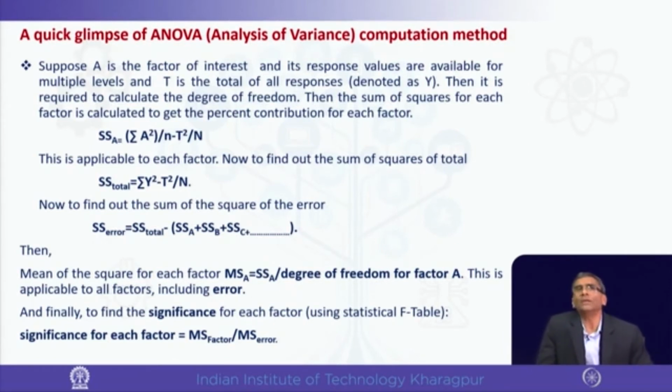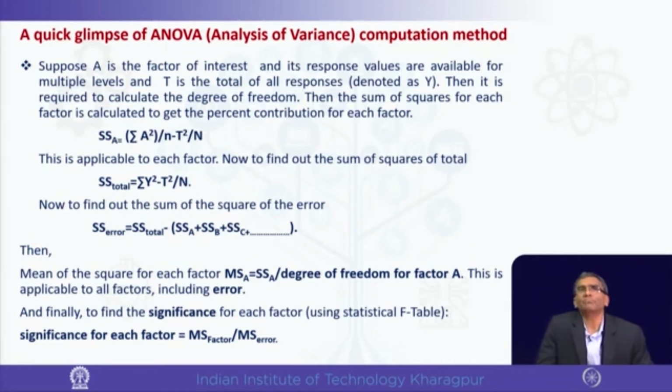So, here we need those concepts, and this treatment requires a statistical computation where the sum of squares concept is used, and there is also a concept of mean sum of squares.